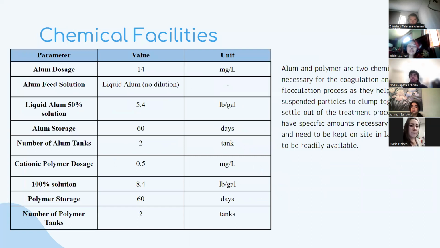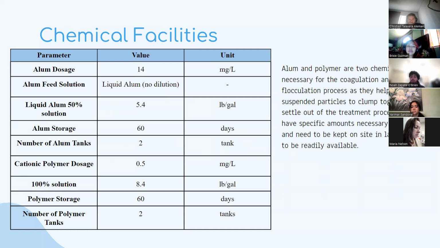Getting into chemical facilities, so there are two other chemicals that we do need to worry about. Those are going to be alum and polymer. These chemicals are necessary for the coagulation and flocculation process, as they help suspended particles clump together. And once again, we do need to have a certain amount of them on site in order to be readily available for these processes. So our givens were that we had an alum dosage of 14 milligrams per liter.